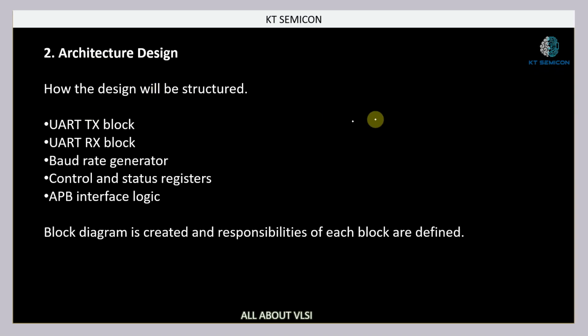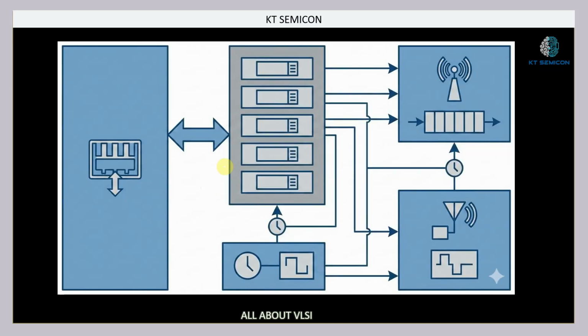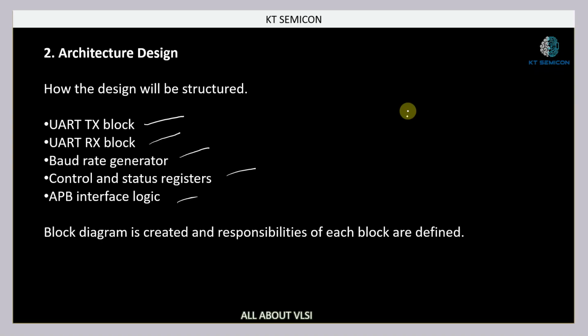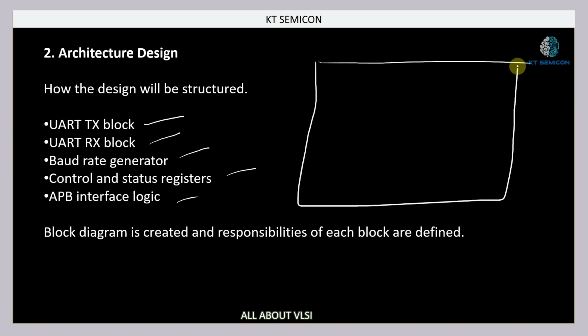In this architectural design, we are going to design a UART TX block, RX block, baud rate generator, control and status register, and APB interface logic. So this is how we are going to build. Let's say this is our chip, the UART controller. In the specification, we have seen just a box, which is nothing but our UART controller.